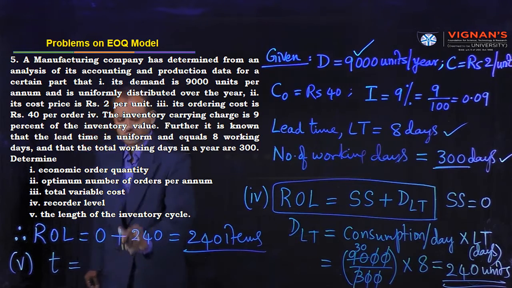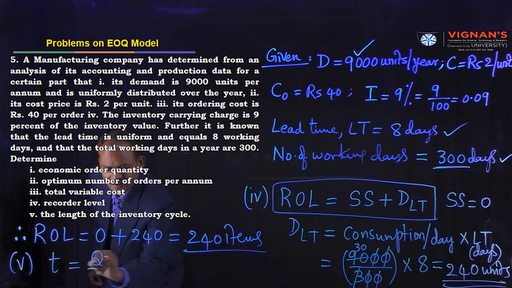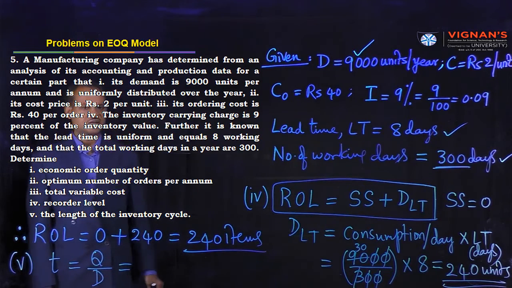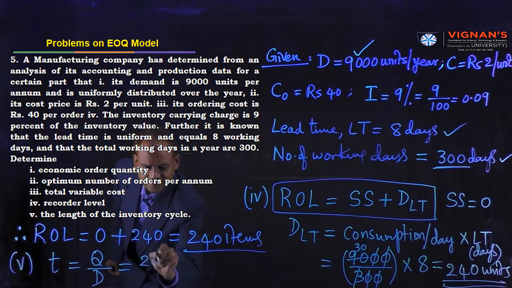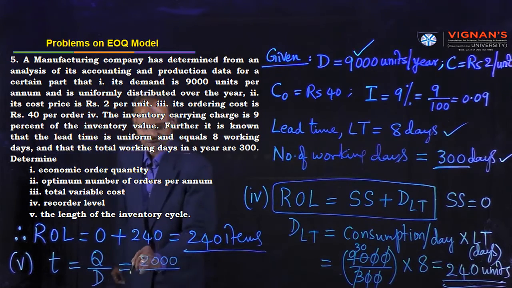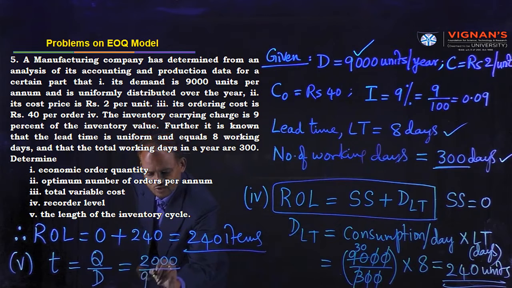Small t is equal to Q by D. Here we know the value of Q is 2000, divided by D, the annual demand, 9000.